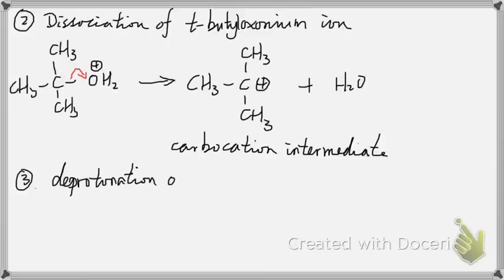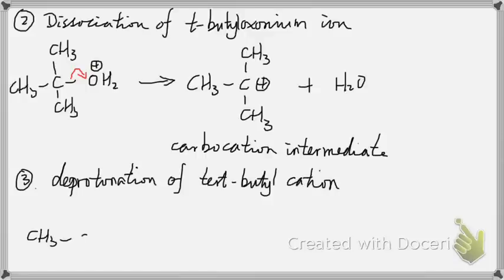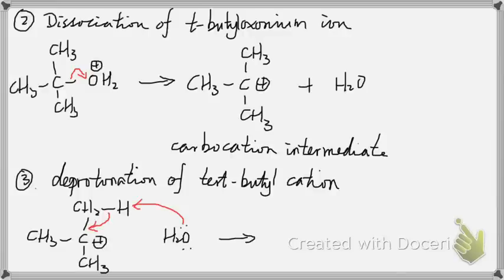The third step of the mechanism is the deprotonation of the tert-butyl cation. The deprotonation will take place on the adjacent hydrogens, the beta hydrogens. So here, a water molecule serves as the base to grab the proton on the adjacent carbon of the carbocation.